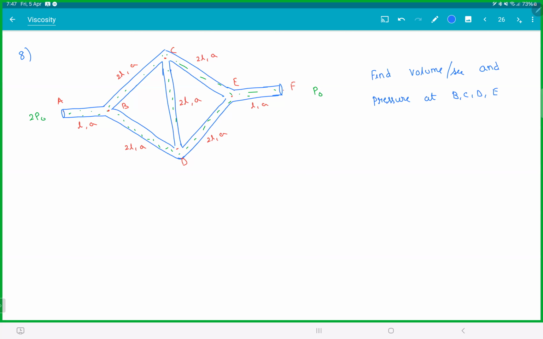Okay. Fair enough. Get the pressures. Try. You got a minute more. You can just define R as 8 eta L by pi A or something like that, and then write everything in terms of R. That will always make your life easy. Don't try to write that entire thing. It will be a big mess. You can always substitute in the end.